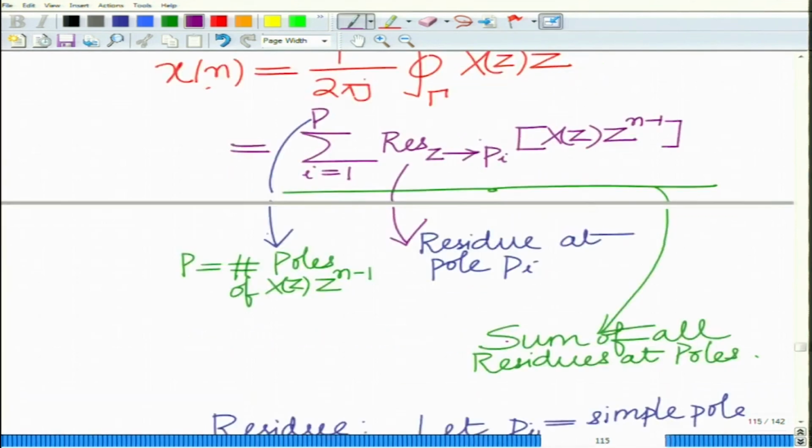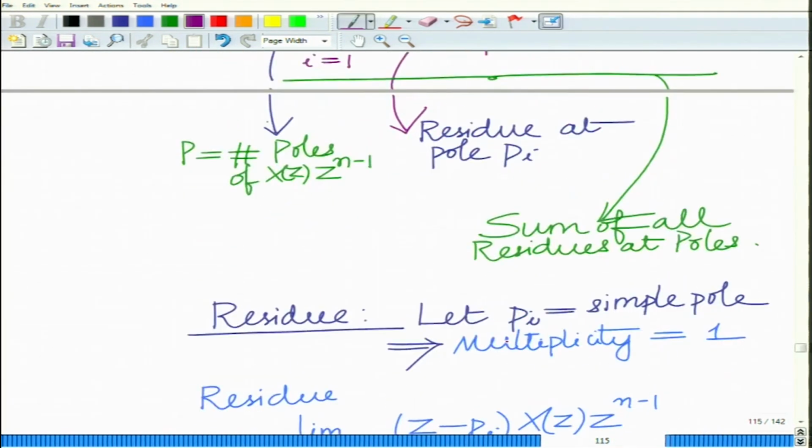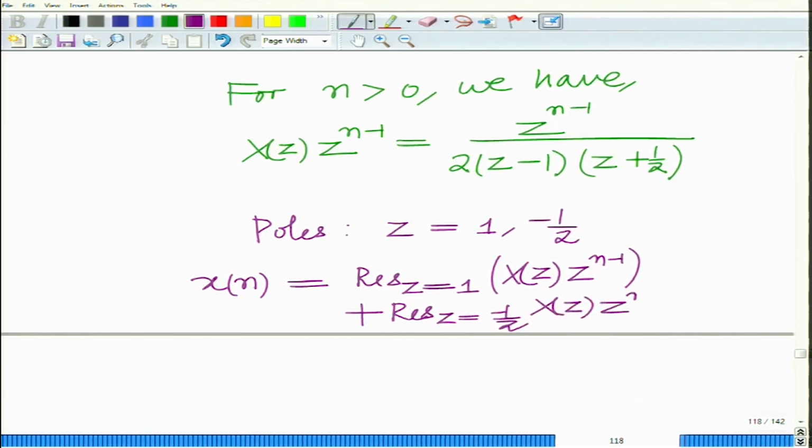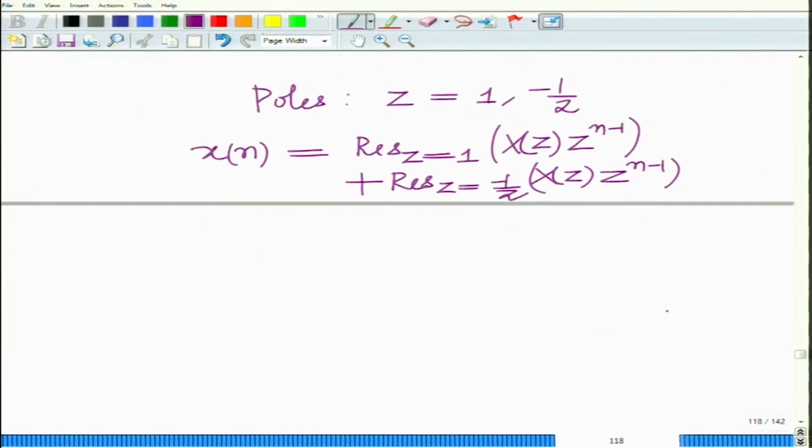So, we have the sum of the residue evaluated at z equal to 1 of X(z) into z raised to n minus 1 plus the residue evaluated at z equal to minus half of X(z) into z raised to n minus 1.